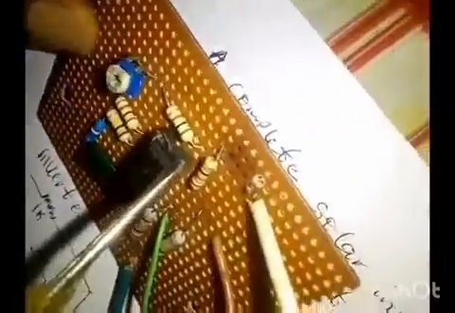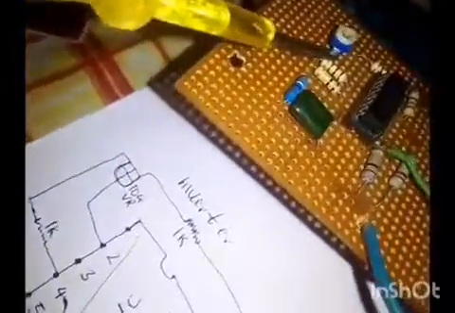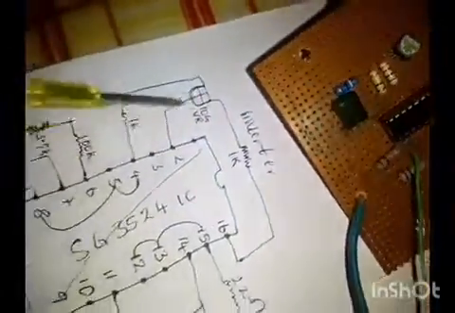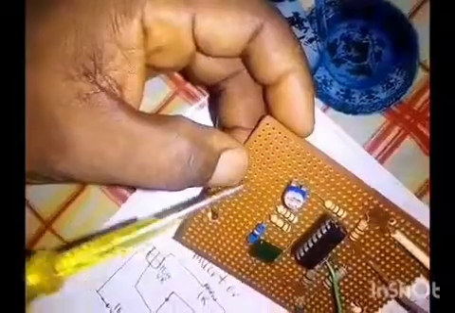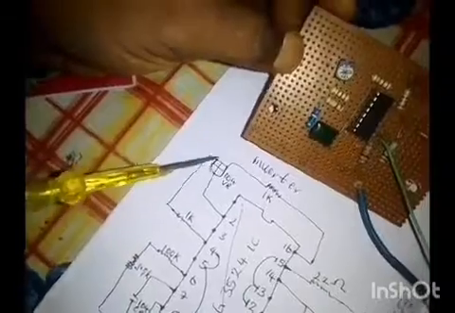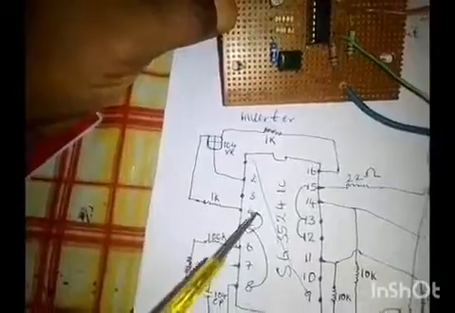Pin 1 of the variable resistor is linked to this 1K resistor down to pin 16, while pin 2 of the variable resistor is linked to pin 2 of the IC, which is this, and the pin 3 of the variable resistor is connected to 1K resistor which is this. This is pin 3 of this variable resistor connected with 1K to pin 4 of the IC.